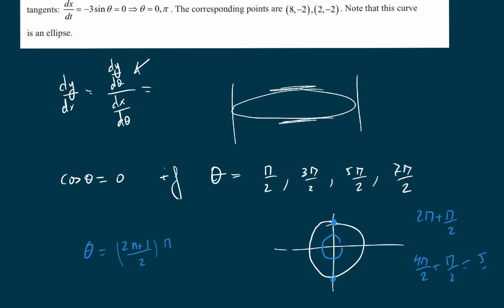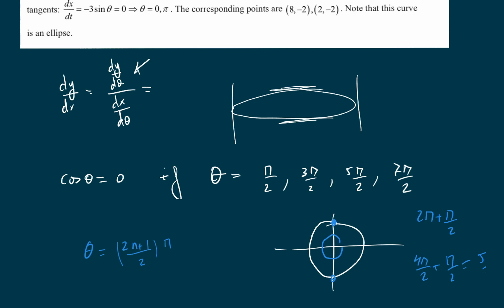So the general formula for theta when cosine of theta is 0 is that theta is (2n plus 1) divided by 2 times pi. If n is 0, it will be pi divided by 2. If n is 1, it will be 3 pi divided by 2. If n is 2, it will be 5 pi divided by 2.